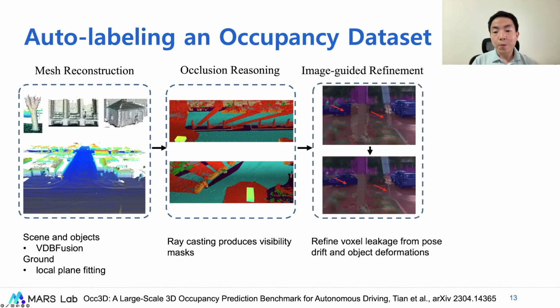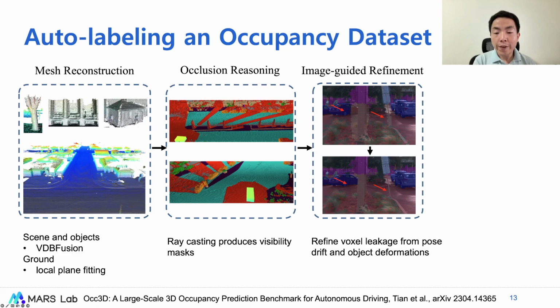Additionally, due to the pose drift and object deformations across time, the temporal aggregation of point clouds usually leads to blurriness in 3D space, or voxel leakage, as shown in this picture. So we take image semantic labels to further refine the object boundaries, also through raycasting.